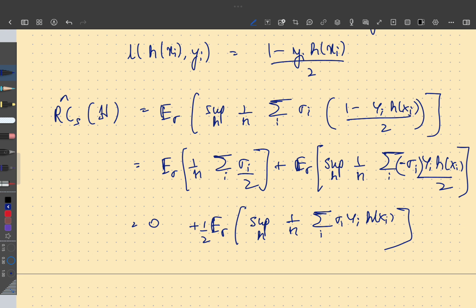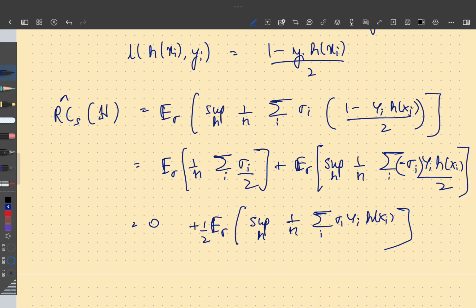But now here is the subtle part. The distribution of sigma i is the same as the distribution of sigma i yi.